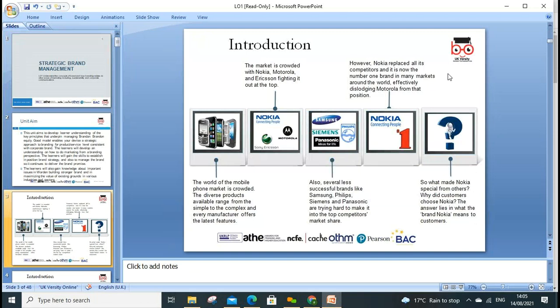Okay, so first we'll go through what is meant by brand. Any logo, any symbols, any names can be a brand. Brand is very powerful, because if you look at this sign, you can recognize it is Motorola, and if you look at this sign, you can say Sony Ericsson.